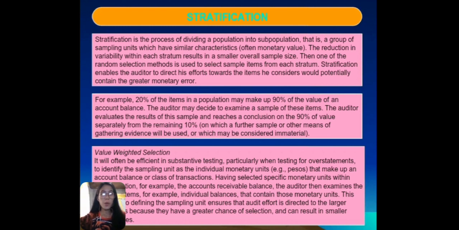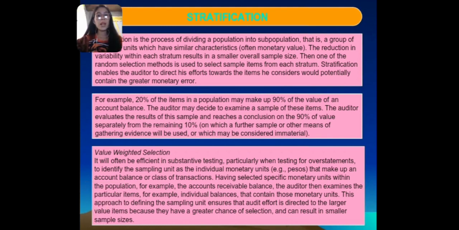So the auditor may decide to examine a sample of these items. The auditor evaluates the result of this sample and reaches a conclusion on the 90% of value separately from the remaining 10%, on which a further sample or other means of gathering evidence will be used, or which may be considered immaterial.